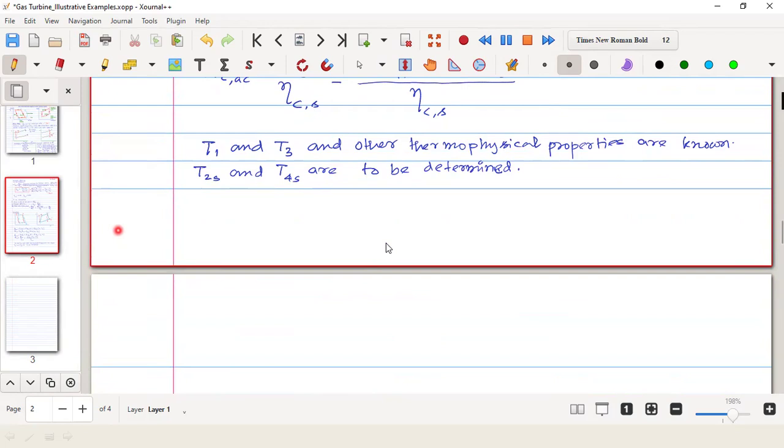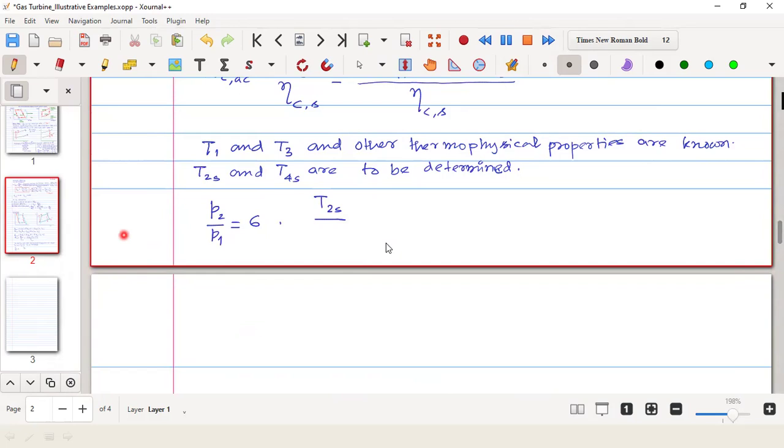Okay, now the pressure ratio between 1 and 2 is given. So P2 by P1 is given as 6 by 1. Again, from the isentropic process, we know that T2s and T2 are the same.